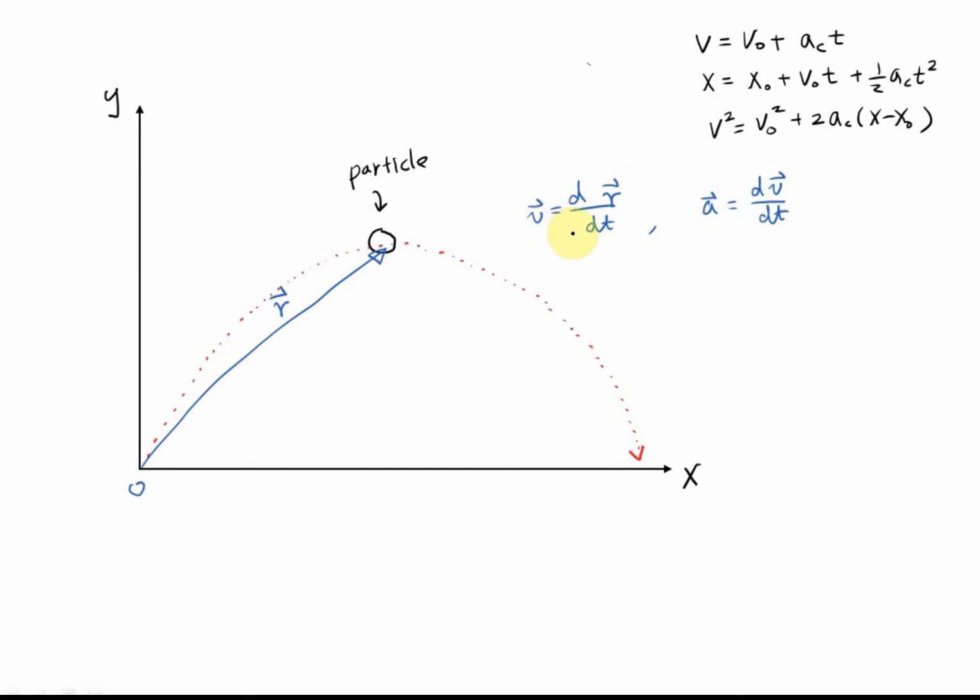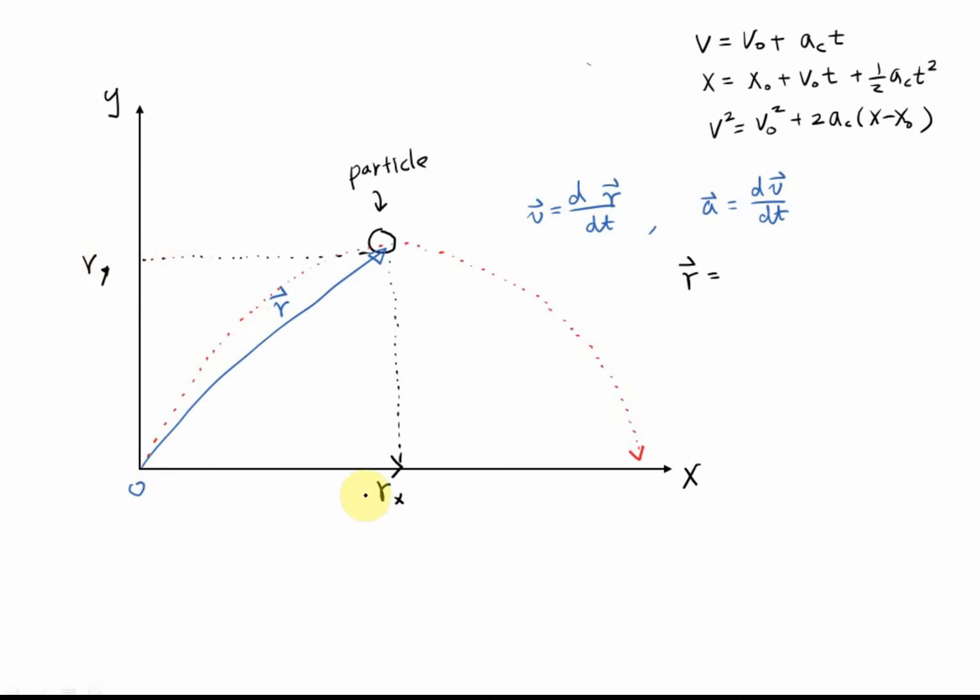Then what is r? Your r can be represented by the component of x and the component of y. Since this is a vector, it can be broken into an x component and a y component like that.